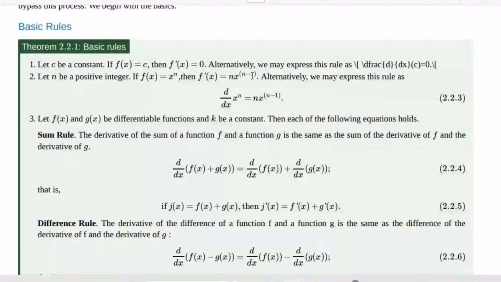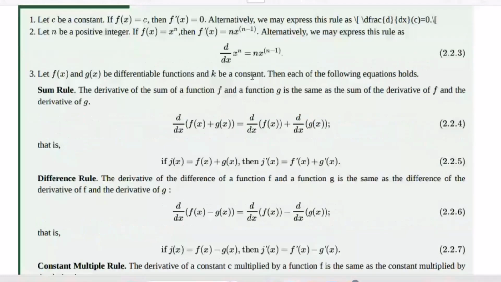Now let's go to number 3. Number 3 says, let f of x and g of x be differentiable functions, and k be a constant. Then each of the following equations holds. The sum rule: the derivative of the sum of a function f and a function g is the same as the sum of the derivative of f and the derivative of g.